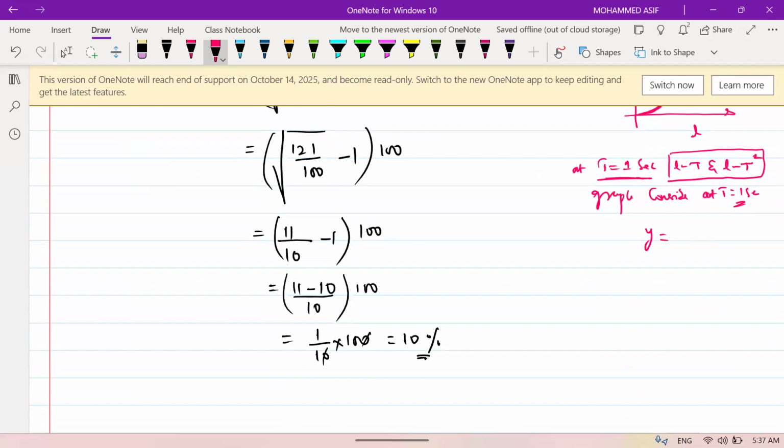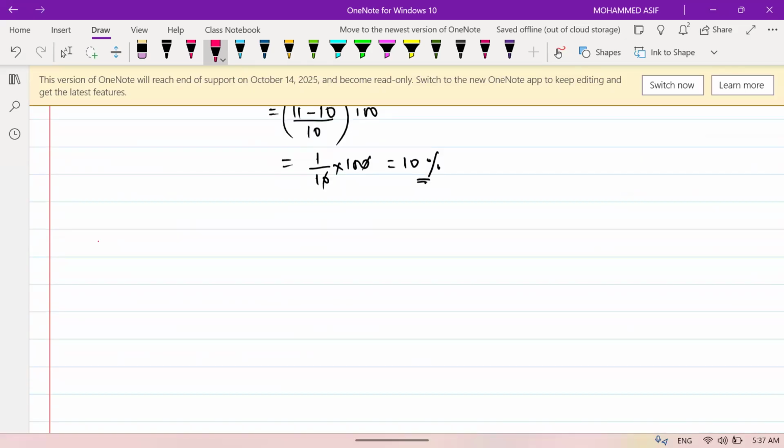This is like y is equal to k into your x square. This one is very important, beta. Time period is directly proportional to what? Length. T is directly proportional to root of your L. So from this I can write time period of longer length divided by time period of shorter length will be equal to number of oscillations I can say.